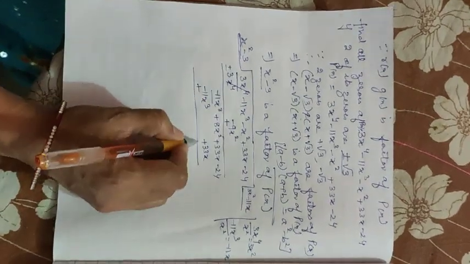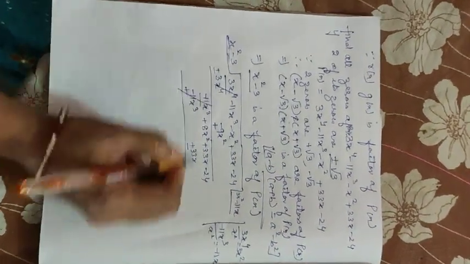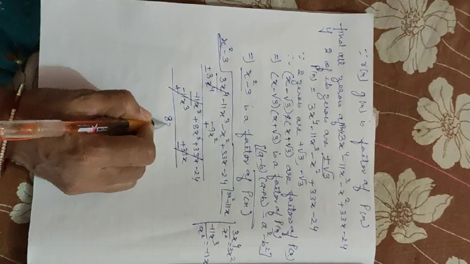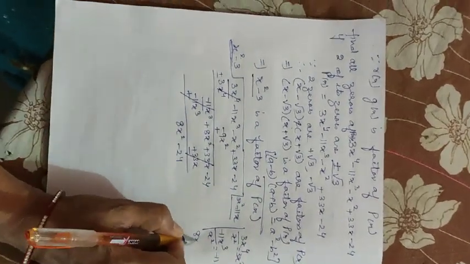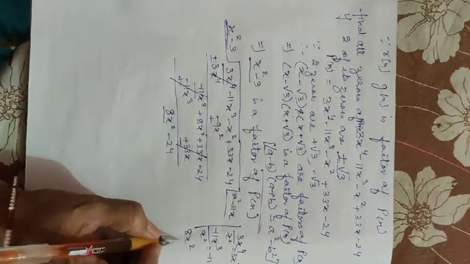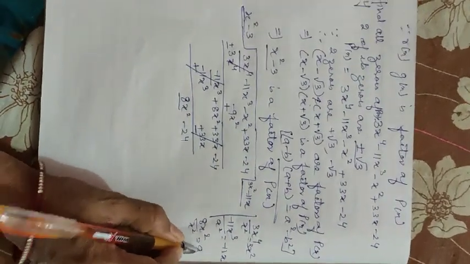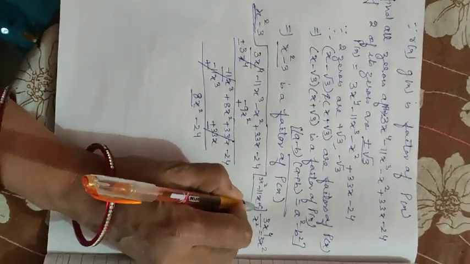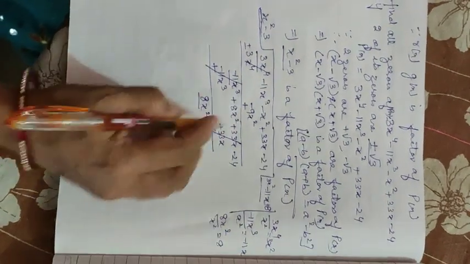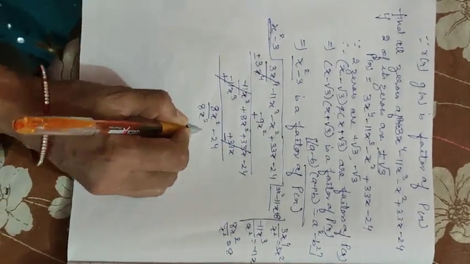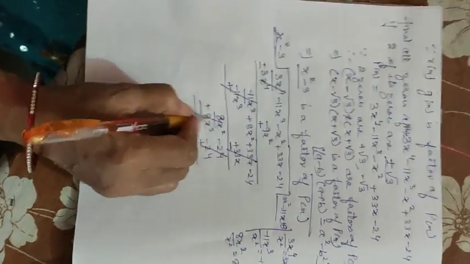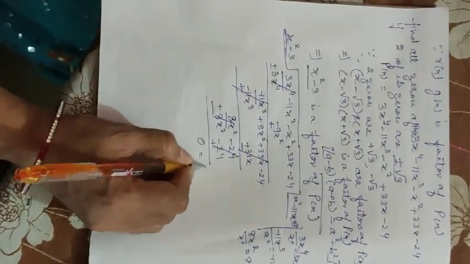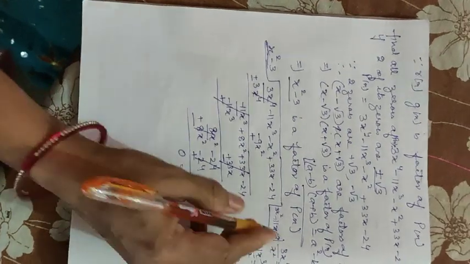Subtract, the sign reverses, so they are going to be cancelled. I am left with 8x square minus 24. Now the next term is 8x square here, divide by x square, so it will give 8. So I have to multiply by 8, so it will give 8x square minus 24. Subtract, again the sign reverses, so I am getting the remainder 0.